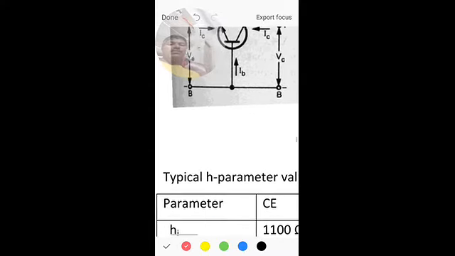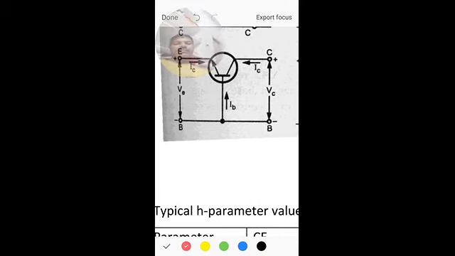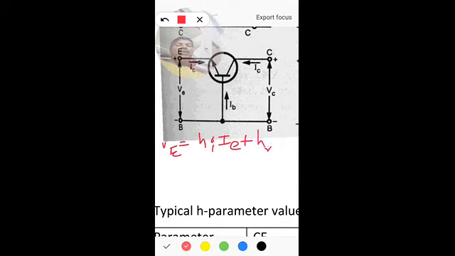For CB configuration, the input terminal is the emitter, so we can write VE is equal to H11, that is HI, the input impedance, into I1, which is the emitter current IE, and H12, that is HR, into the output voltage, which here is VC.